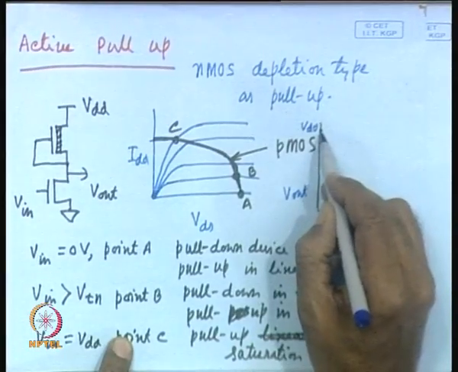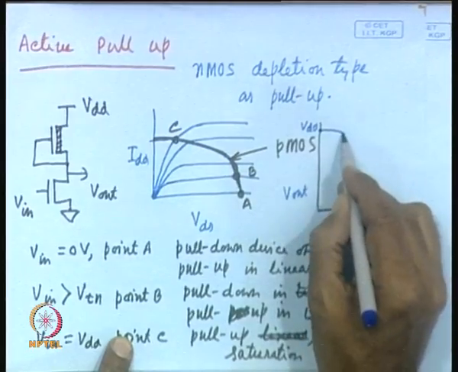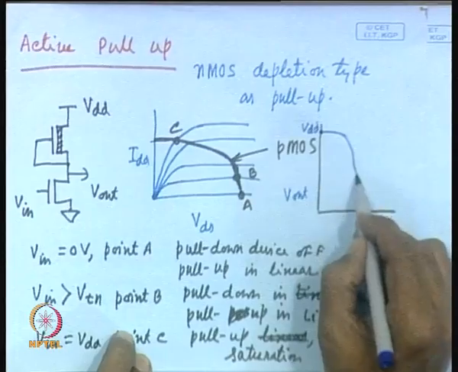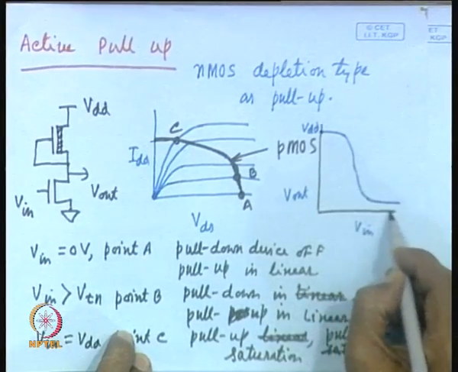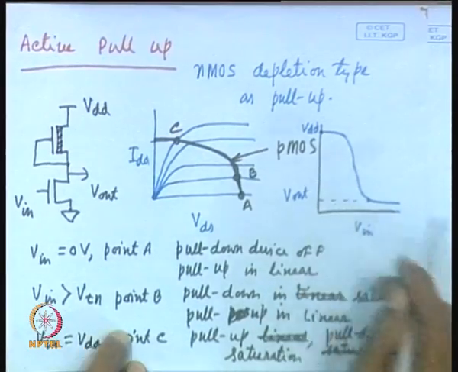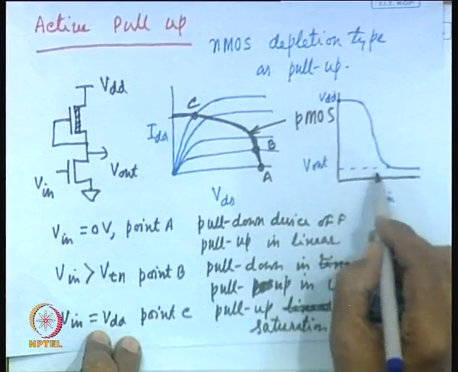So, it changes from 0, and then output is VDD, but as you can see the low level output is not 0, just like your passive transistor. Here output is not 0.